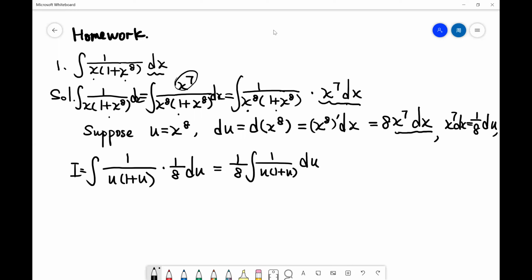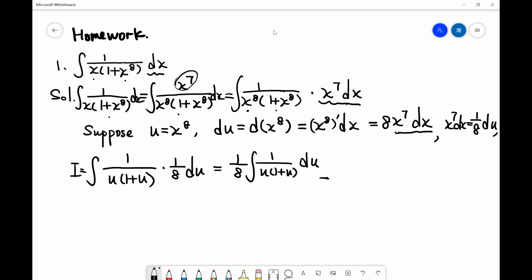For this step, any questions here? No? Okay. So first we use the substitution rule, but we should figure out how to suppose the substitution, right?